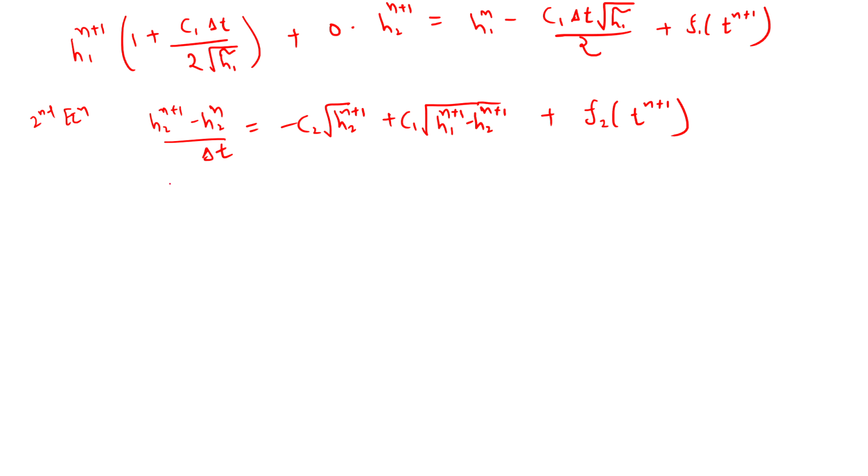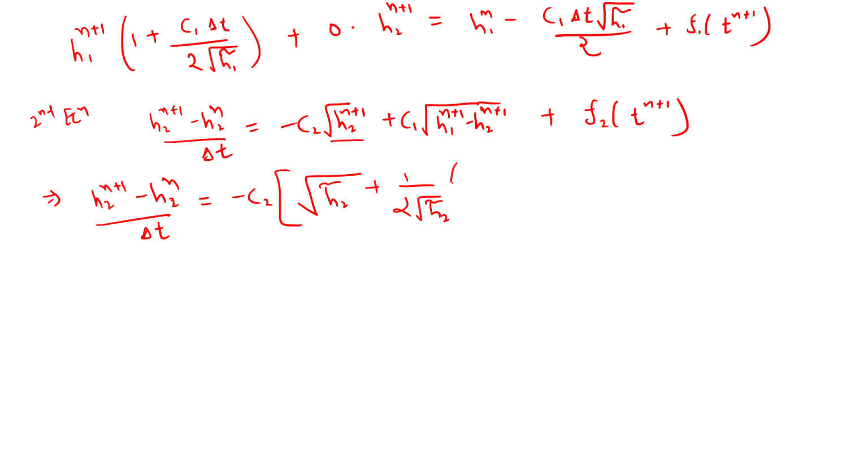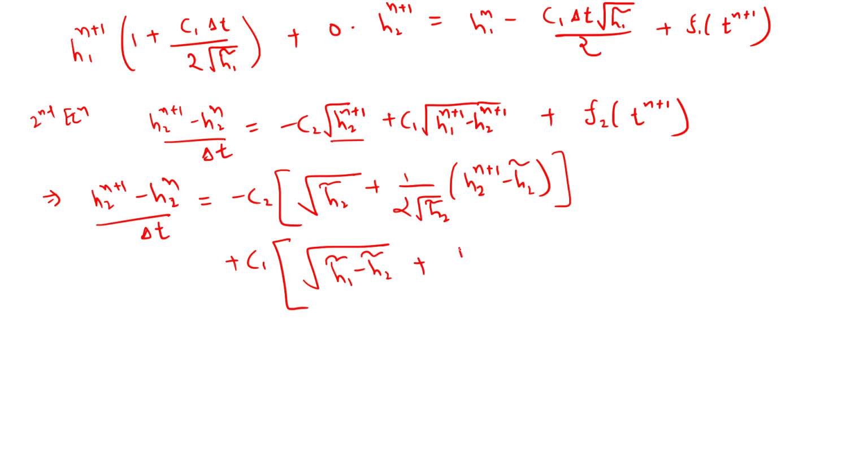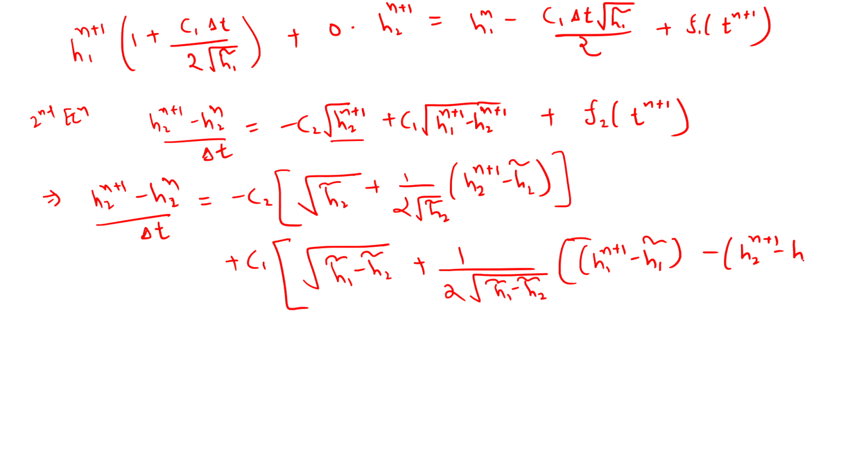And if I put the value of root h2^(n+1) and this, then this equation becomes (h2^(n+1) minus h2^n) divided by delta t is equal to minus c2 times [root of h2 tilde plus 1 upon 2 root h2 tilde (h2^(n+1) minus h2 tilde)] plus c1 times [root of (h1 tilde minus h2 tilde) plus 1 upon 2 root (h1 tilde minus h2 tilde) ((h1^(n+1) minus h1 tilde) minus (h2^(n+1) minus h2 tilde))].